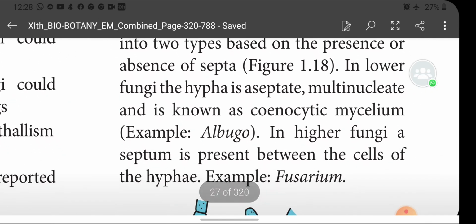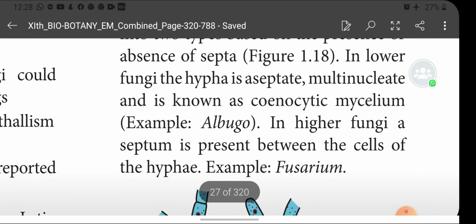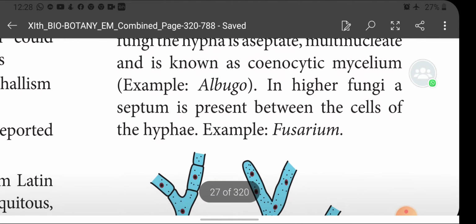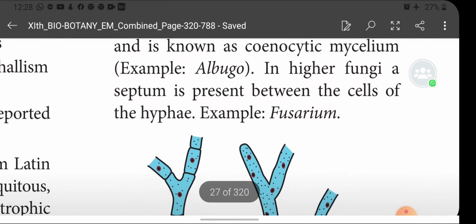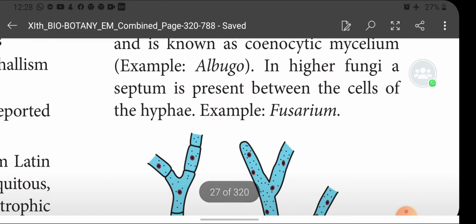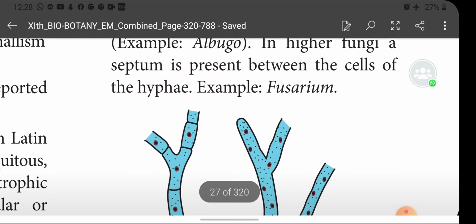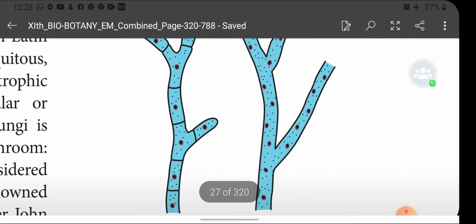In lower fungi, the hyphae is aseptate and multinucleate, and this condition is known as coenocytic mycelium, a 2 mark question. But in higher fungi, septa are present between the cells of the hyphae, for example Fusarium. So this is the difference between lower fungi and higher fungi: in lower fungi the hyphae do not possess any septa, and in higher fungi septa are present between the cells of the hyphae.